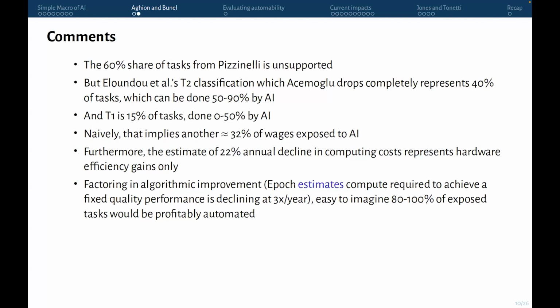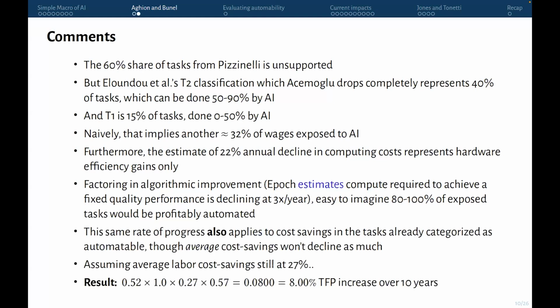Furthermore, the Aghion and Bunel estimate for the share profitably automatable is only taking into account declines in hardware costs over time, or gains in hardware efficiency that lead to computing cost decline. If you also factor in algorithmic improvement, which we think is making the amount of compute required to achieve a fixed quality of performance decline at 3x per year, it's easy to get 80 to 100% of exposed tasks profitably automated.